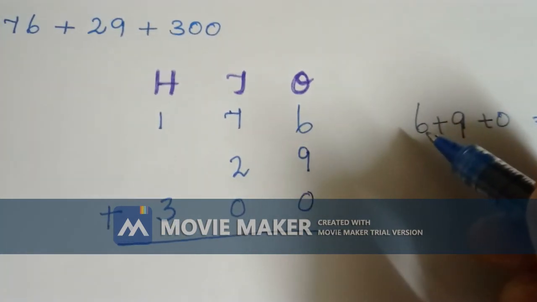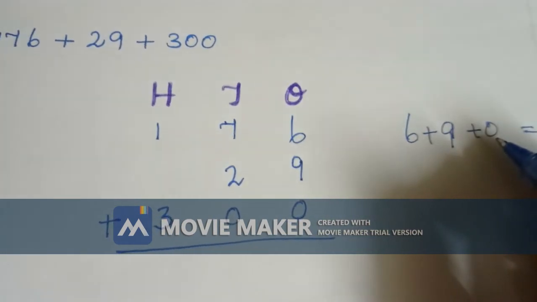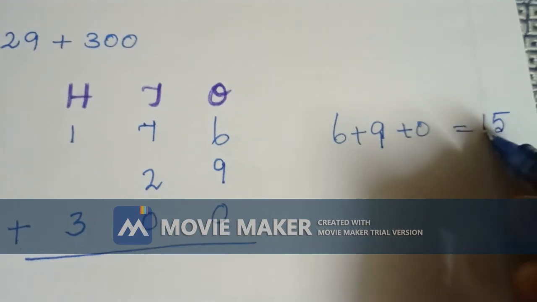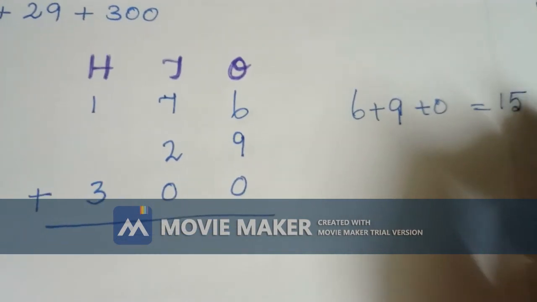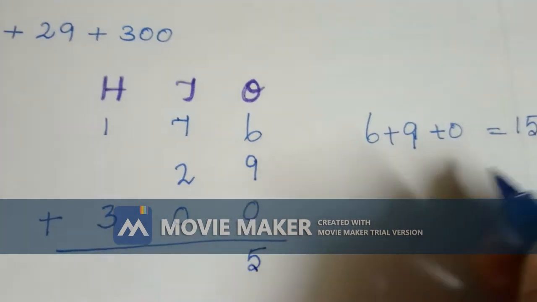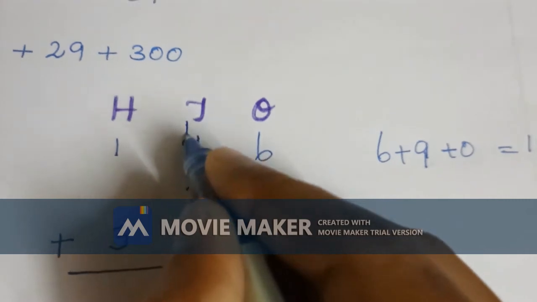So 9 plus 6 gives us 15. 15 plus 0, 15 only. That means 15 ones. So write 5 in the ones place and carry over 1 to the tens place.